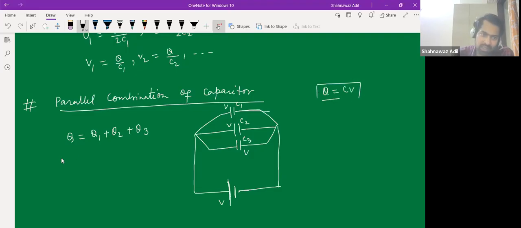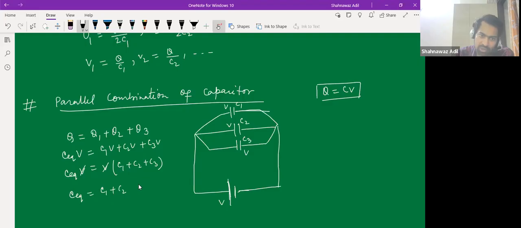So we can write this as C equivalent V, and this would be C1V plus C2V plus C3V. Again, we can take V common. So this is C1 plus C2 plus C3, and this is C equivalent V. So V cancel, and C equivalent is C1 plus C2 plus C3.